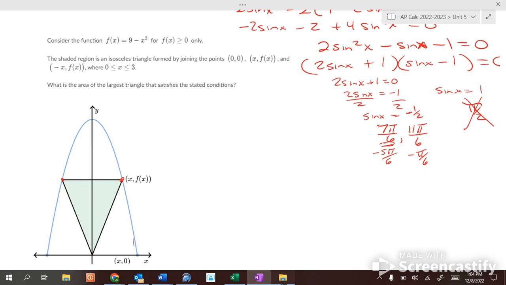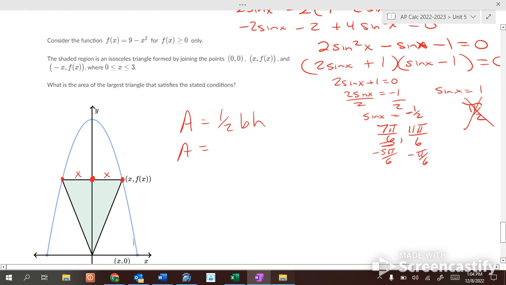Well, the area of a triangle is 1/2 the base times the height, right? So the area of this one they have drawn right now, it goes from here to here is x. How far is it from here back to here? If it's x from here to here, how far is it from here to here?